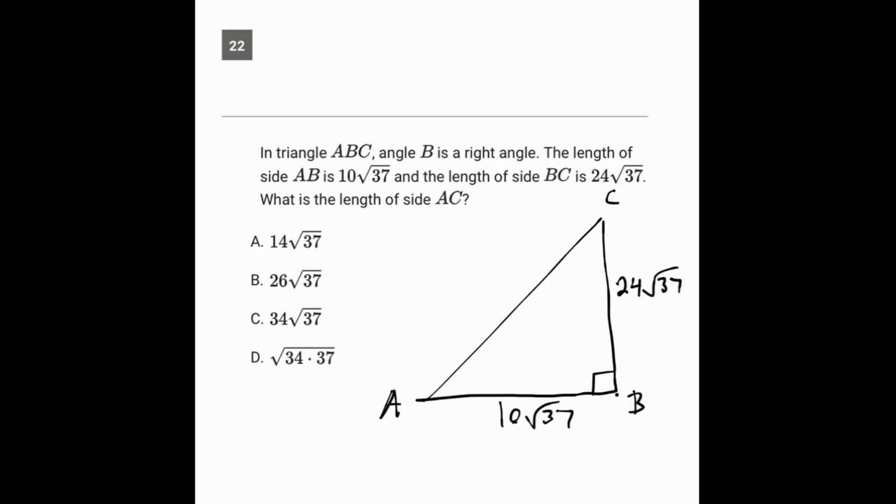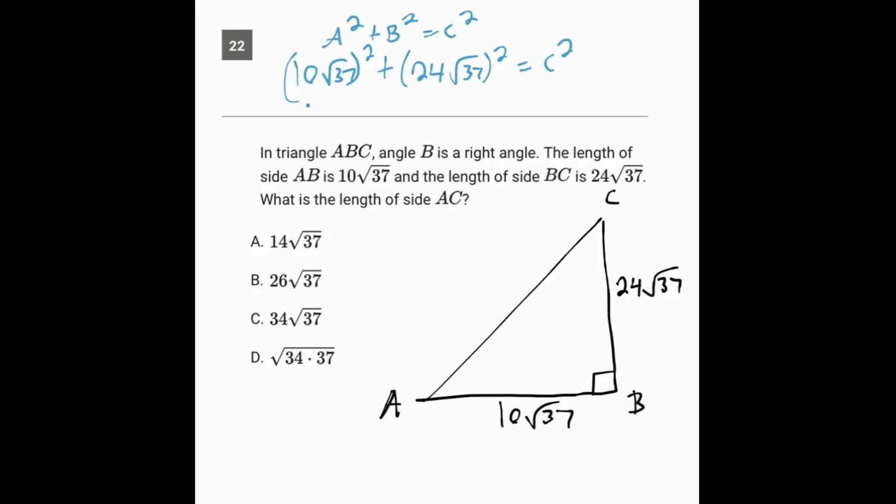It doesn't have to be to scale, obviously. So we're looking for AC. And for that, we can use Pythagorean. A squared plus B squared equals C squared. So 10 root 37 squared plus 24 root 37 squared equals C squared.